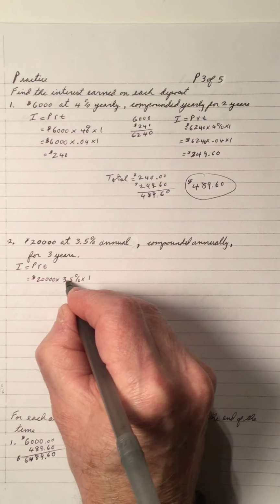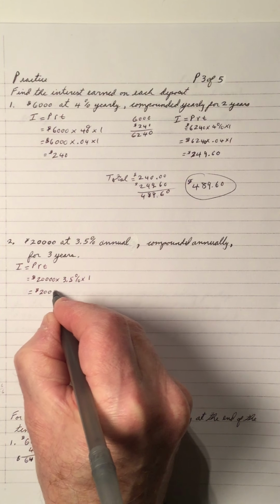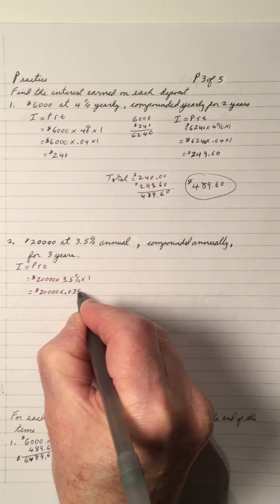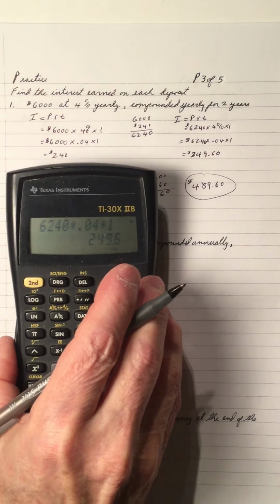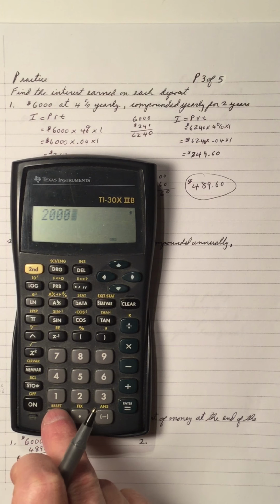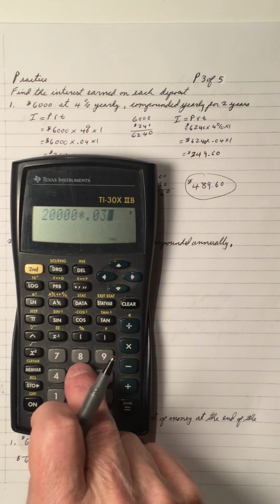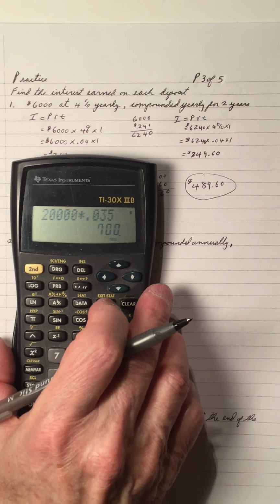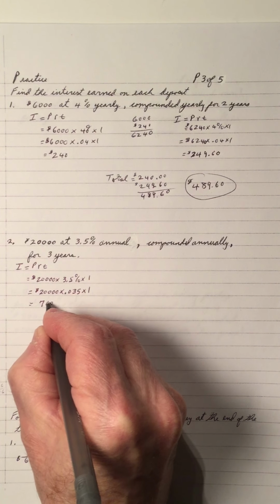And we're going to calculate how much interest you're going to get in your first year. So $20,000 times decimal 0.035 times 1. So let me put that in the calculator. The money made $700 in interest.